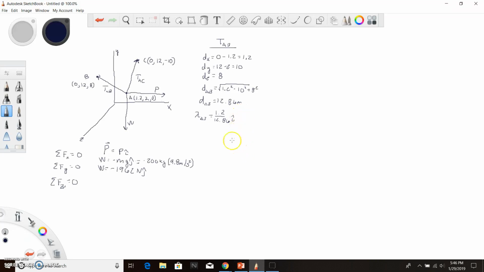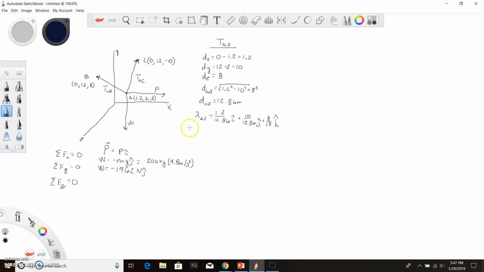Then for y, I've got a positive 10, so plus 10 divided by 12.86 j hat, plus the z part, that's 8 divided by 12.86 k hat.